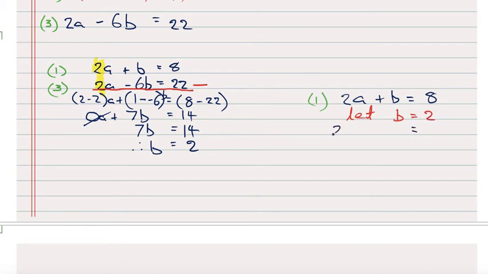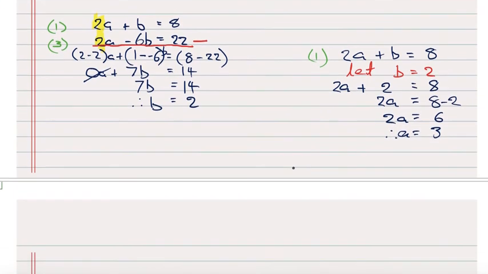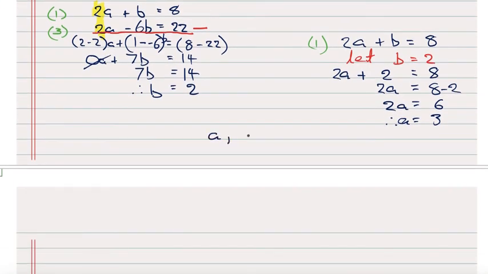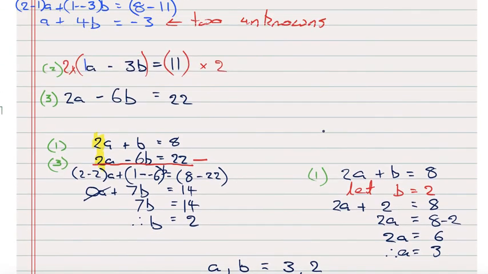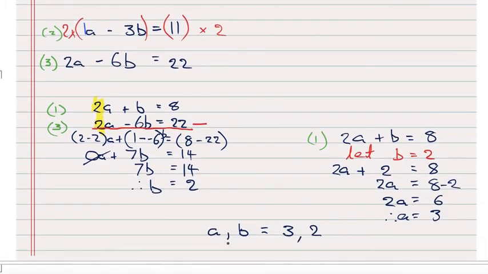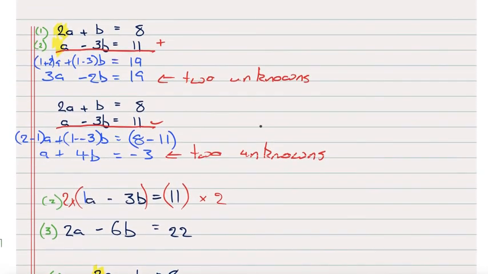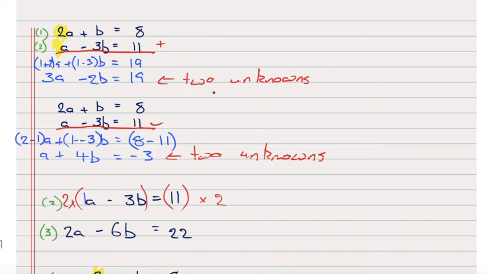And therefore 2a plus 2 equals 8. 2a equals 8 minus 2, and then 2a equals 6. A is therefore equal to 3, so I divide both sides by 2. So the answer in this case is a, b equals 3 and 2. So a, b equals 3 and 2 would be the solutions to this pair of equations.